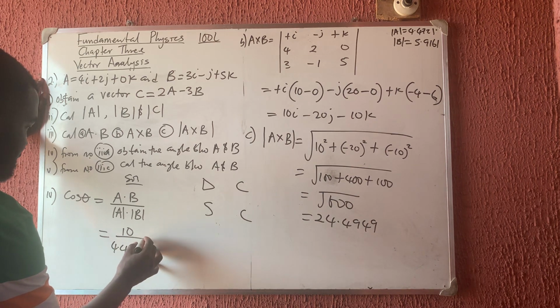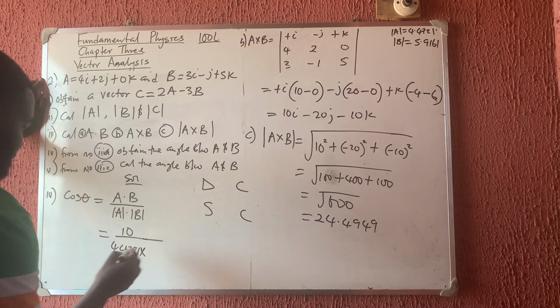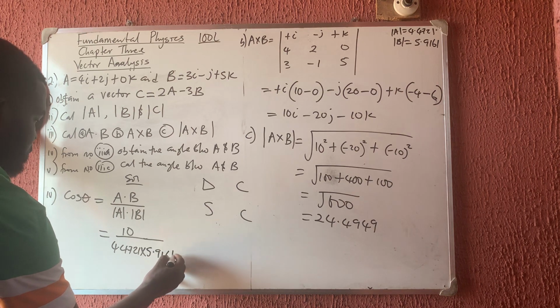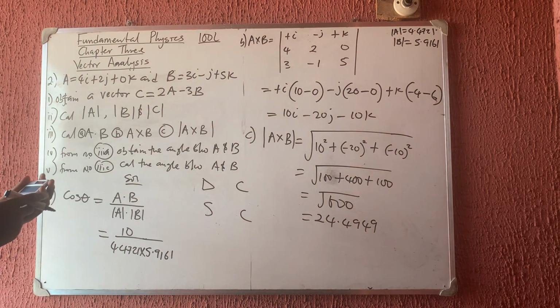which is 4.4721, times the magnitude of B, 5.9161. So I will now have 4.4721 times 5.9161. Now say 10 divided by my answer.